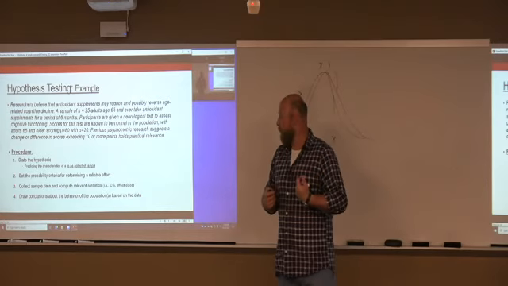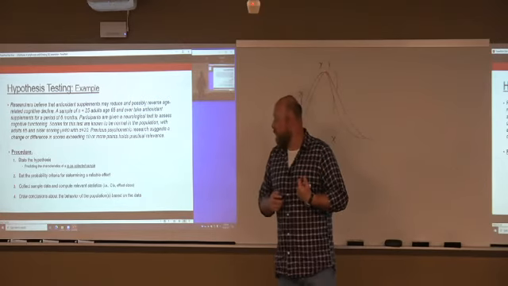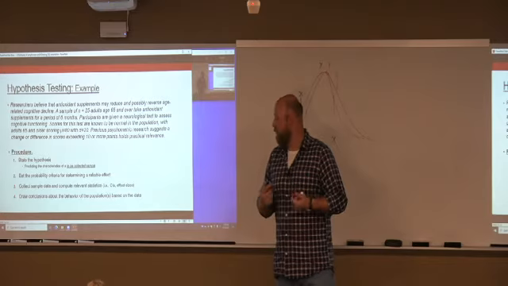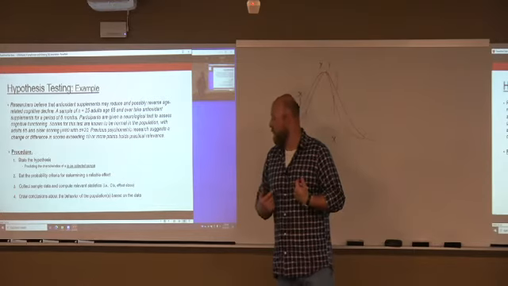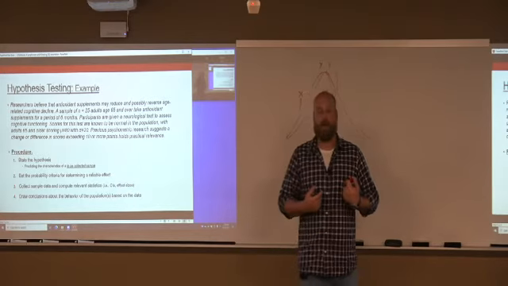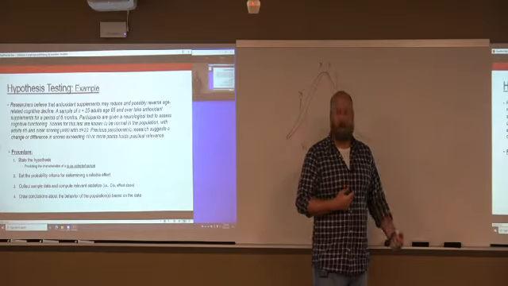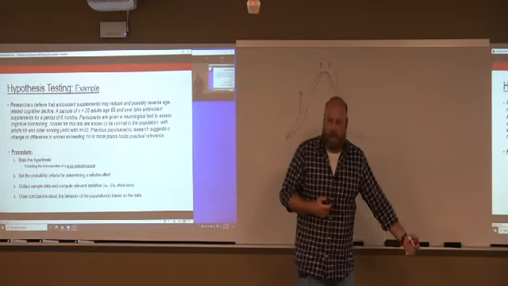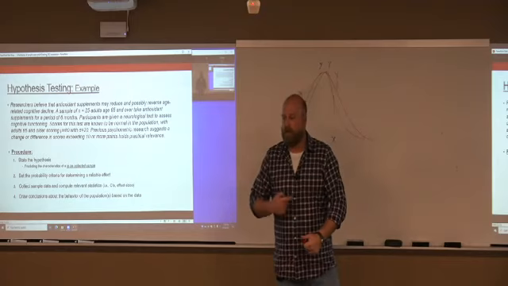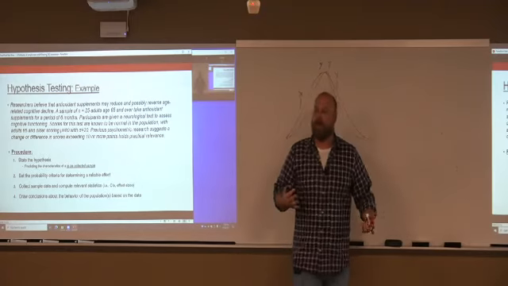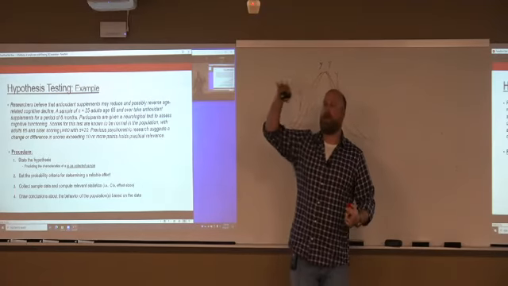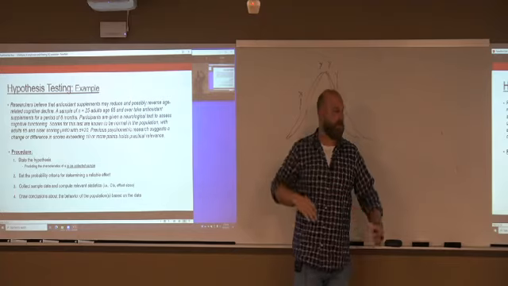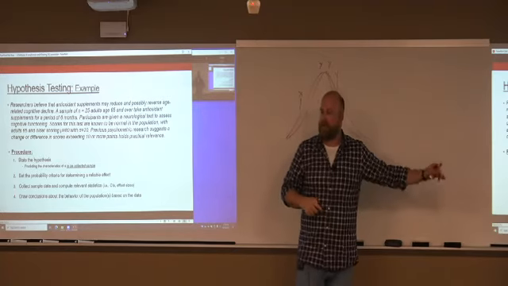Then we're going to collect our sample data, compute our statistics, and draw conclusions based on what we found. These are the same steps you're going to do for any analyses that you do. It gets complicated, but from a 1,000-yard view in terms of what you're trying to do, this is going to be it every single time.